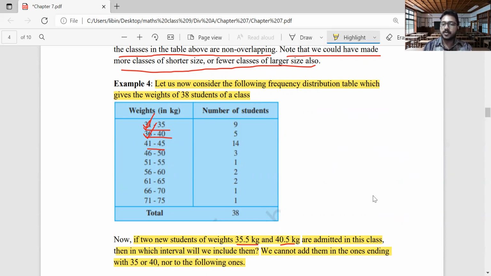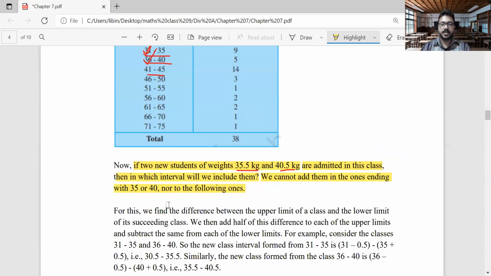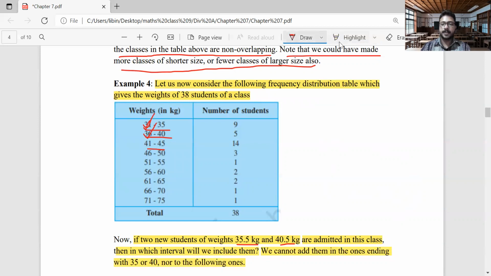Then what will we do? In such a case, we will make a slight adjustment. Let us see what that adjustment is. For this, we have to find the difference between the upper limit of a class and the lower limit of the succeeding class. Okay, I'll show you.